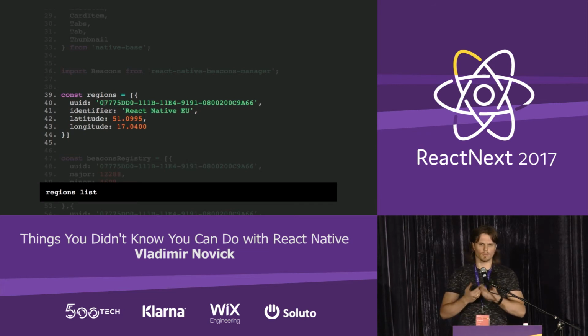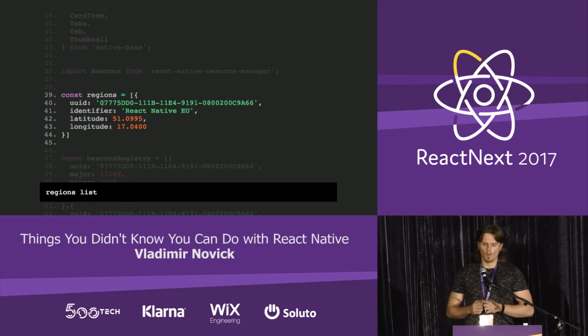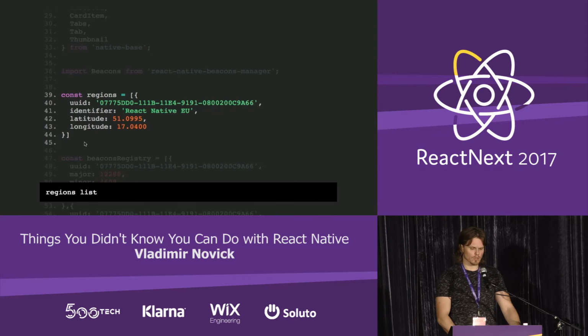Basically, UUID is my region. So for example, this building will have beacons with the same unique ID. But their minor and major will be different. So it will be enough to differentiate between these beacons. So here you see in the regions, I have an identifier.